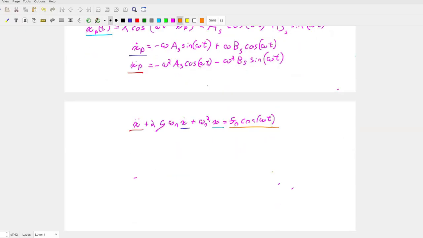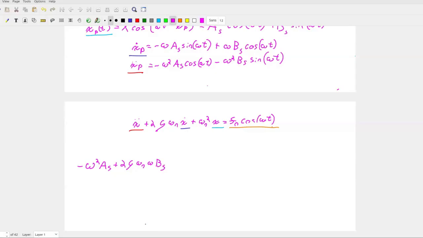We've got a lot of cosines. We've got a lot of sines that we can bring back into each other, right? So let's rewrite the entire equation and do a little bit of a rearrangement. And if we do that, you get negative omega squared AS plus 2 zeta omega n omega BS.